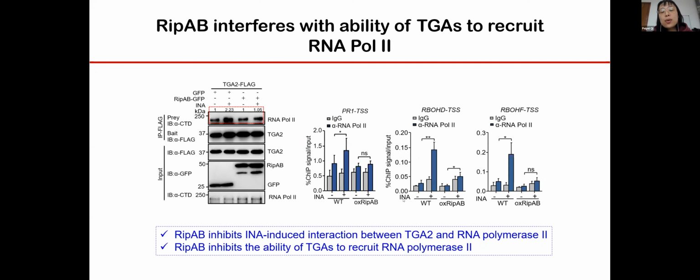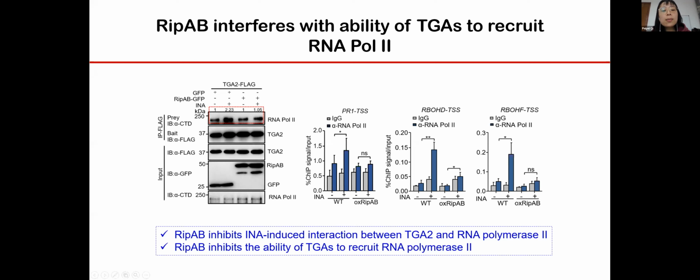Since gene expression requires transcriptional machinery and RNAPII to initiate transcription, we checked the influence of RipAB on the recruitment of RNAPII to the TGA target genes' promoters.